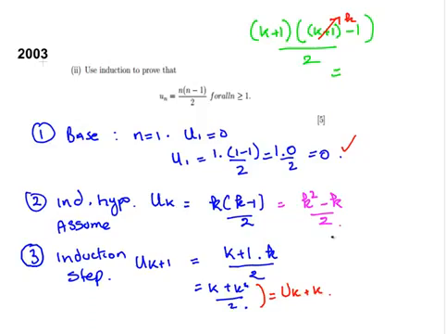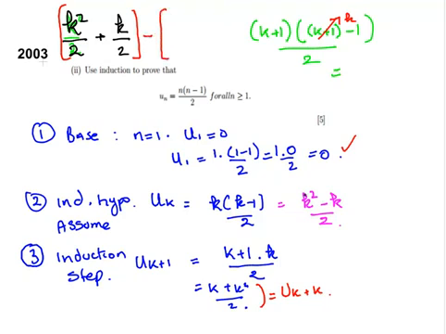And what we're going to do here is look at the difference between the two. Let's do it up at the top here. K squared over 2 plus k over 2. I'm splitting this up into two parts. That's u of k plus 1.